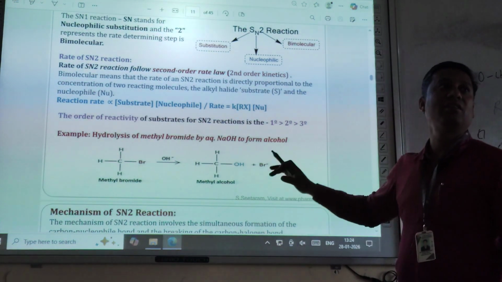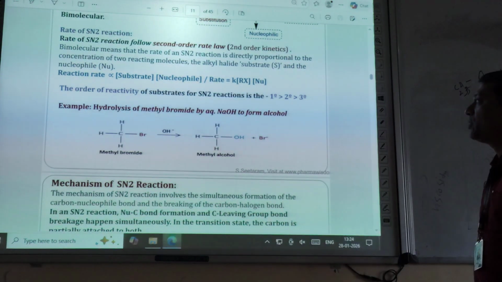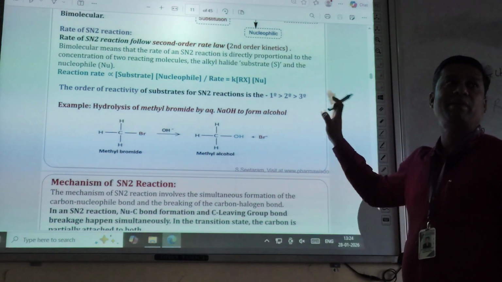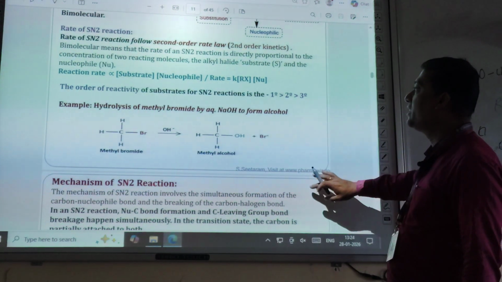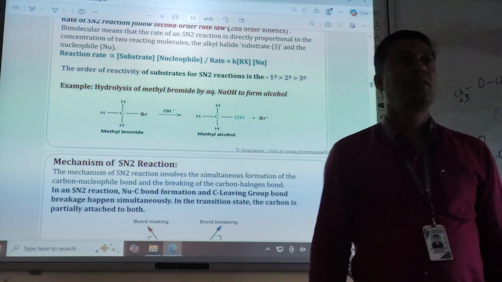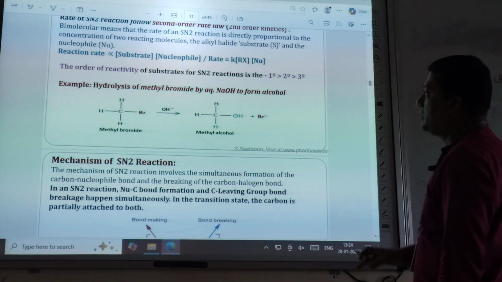Are you understanding all? The order of reactivity of the substrate for the SN2 reaction is primary, then secondary, then tertiary. It is just opposite to the SN1 reaction. SN1 and SN2 reactions are just opposite to each other.